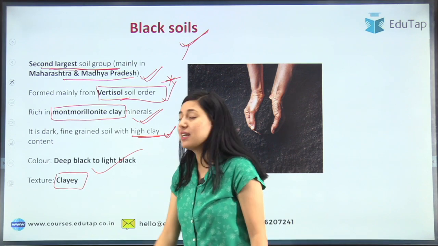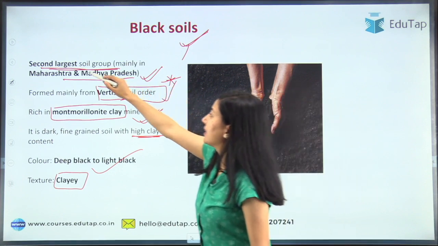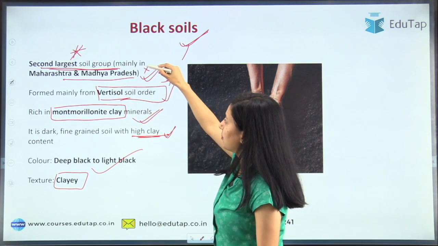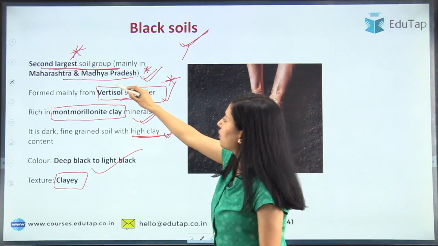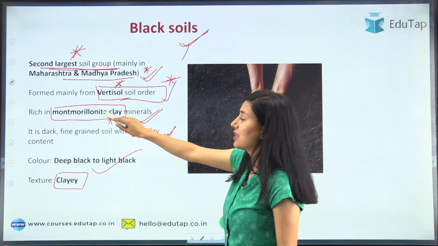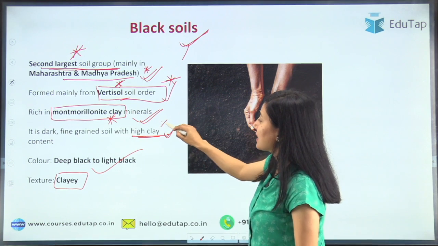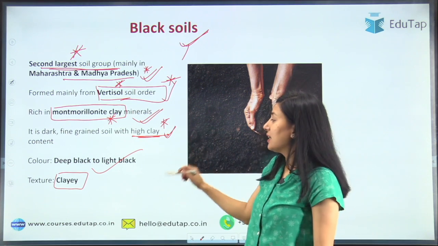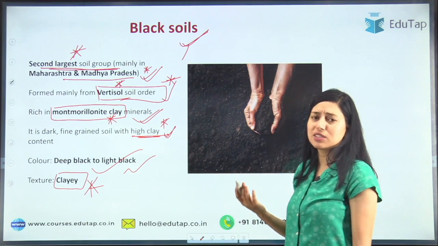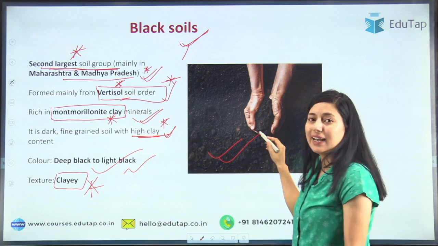Students, here you have to remember that black soil is the second largest soil group, found mainly in Maharashtra and Madhya Pradesh, formed from Vertisol soil order, and the predominant clay mineral is montmorillonite, with high clay content and clay texture. And color you can remember by the name, black soils, as the name suggests. So color will be black. Okay, so this is all about your black soils.